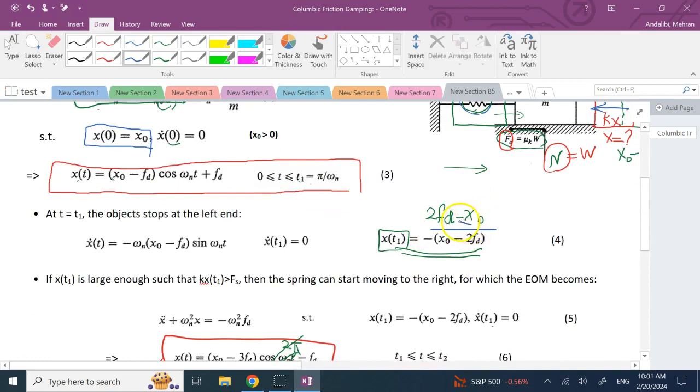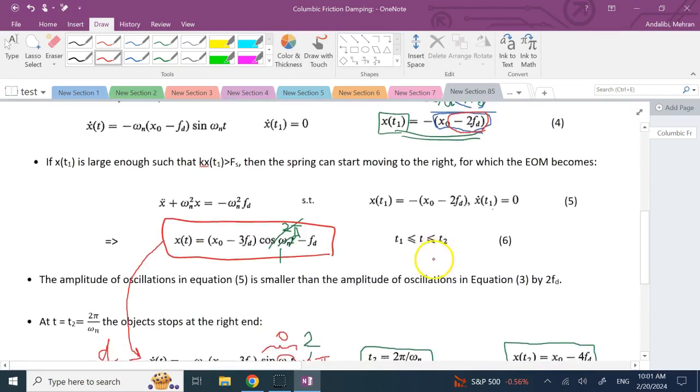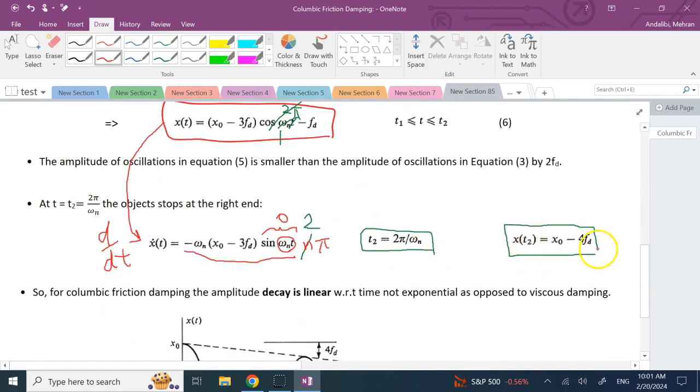You see, instead of being negative x0, it's now basically negative x0 minus 2ft. The reason it is written this way, so you see that instead of being negative x0, is negative x0 minus something. So your amplitude in half cycle was reduced by 2ft. And when you come down to full cycle, now your amplitude, instead of x0, you're back to what? You're back to x0 minus 4ft.